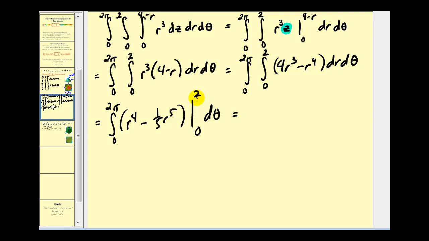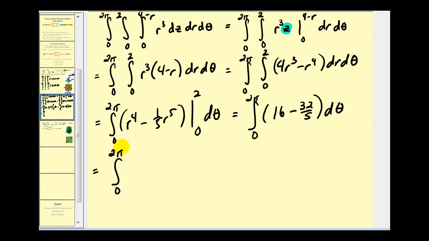So when we sub in r equals 2, we're going to have 16 minus, this will be 32 fifths. And then again, when r is 0, these will both be 0. 16 minus 32 fifths, that'll be 48 fifths.